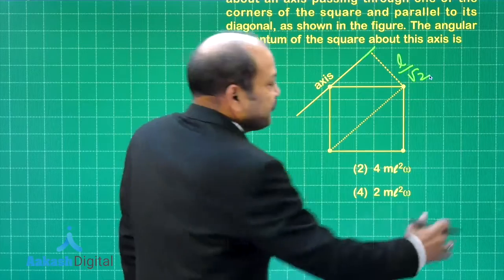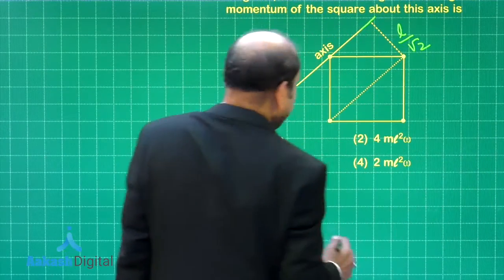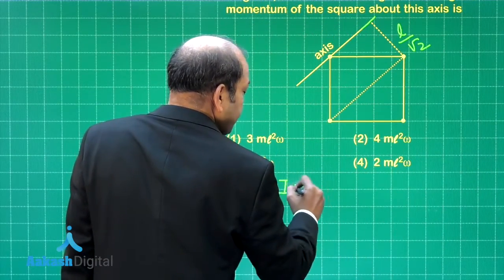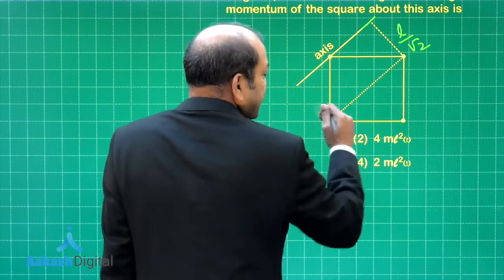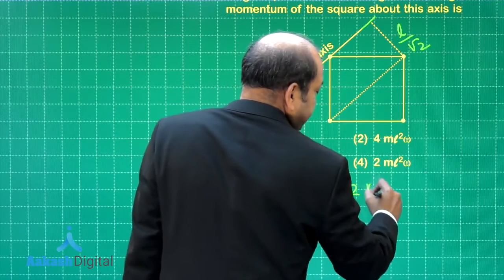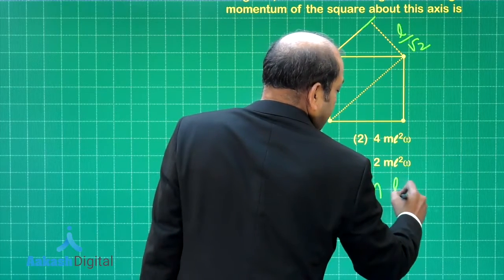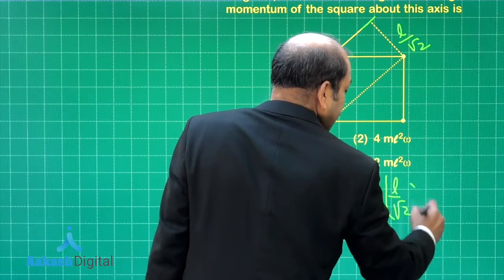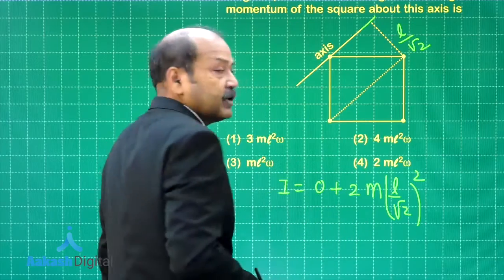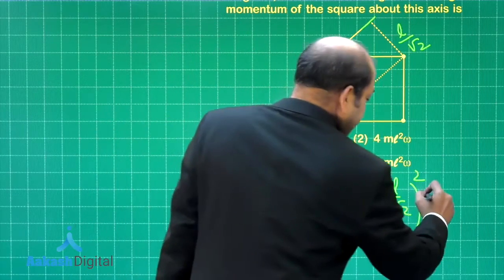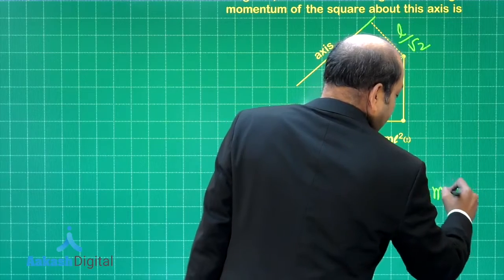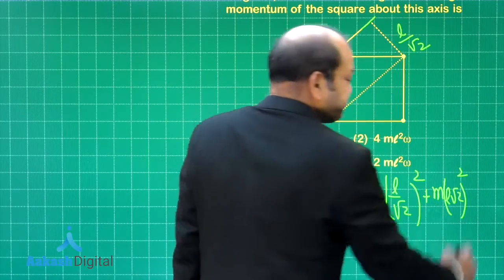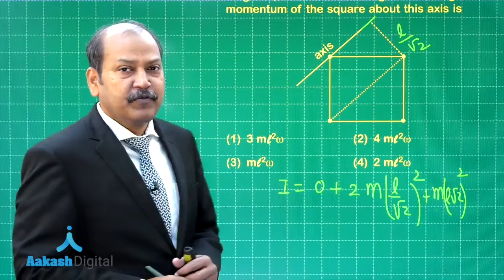So, the expression for moment of inertia then becomes, I is equal to, for the first particle it is 0, for these two particles it is 2 times m into (L by root 2) whole square, and finally for the fourth particle it is m into (L root 2) whole square. So, this is the total moment of inertia.